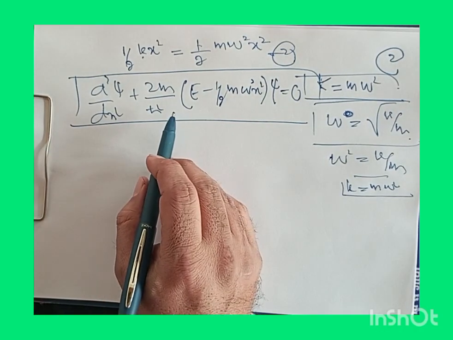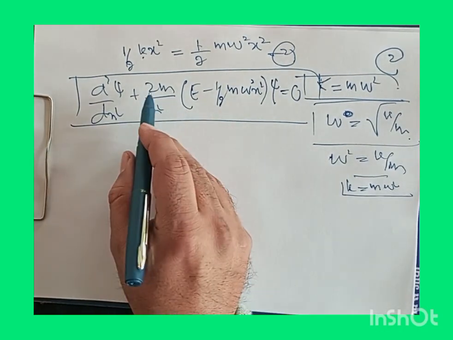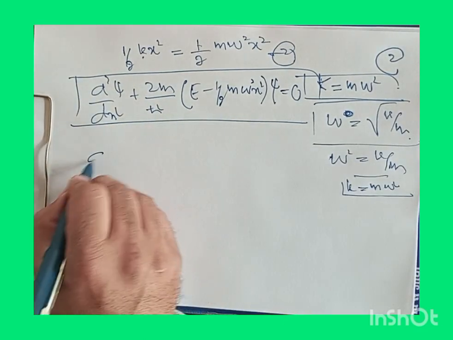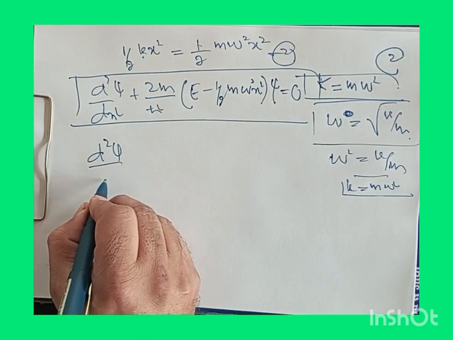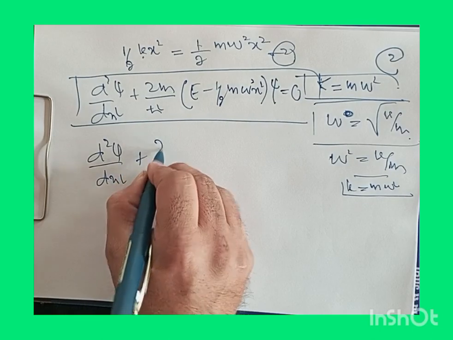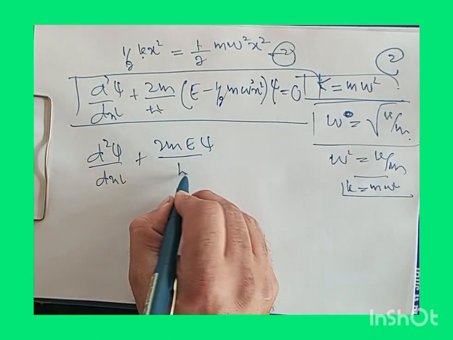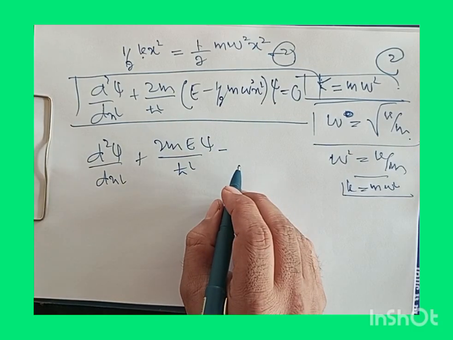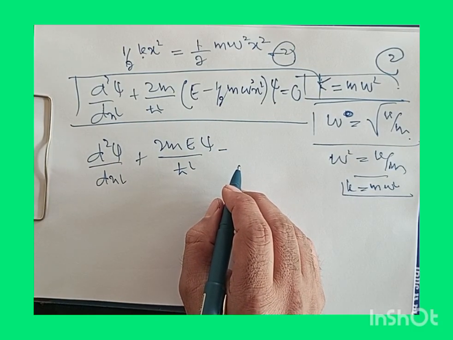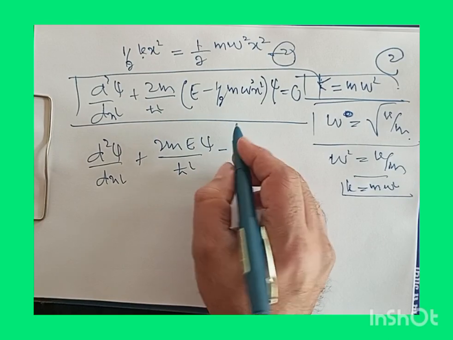Now, what I would like to do is incorporate this 2m by h cross square into the bracketed term. So I will have d2 psi by dx2 plus 2mE psi by h cross square minus, then we can see here we will have the cancellation of 2 and 2.